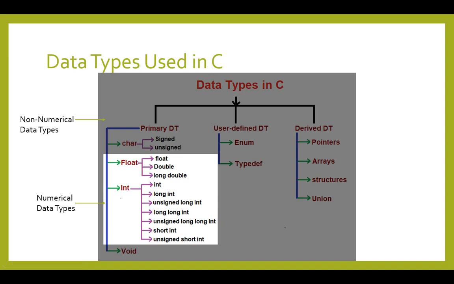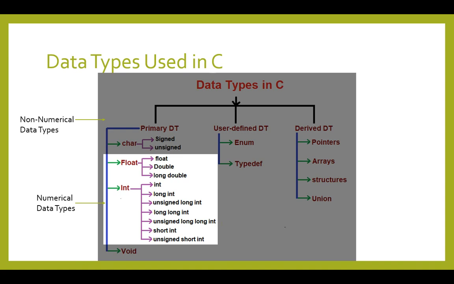A long int lets you deal with larger numbers. Unsigned means only positive values. Long int means you can deal with very large numbers, like that 99 million thing. If it is unsigned, again you have only positive values, no negative values.